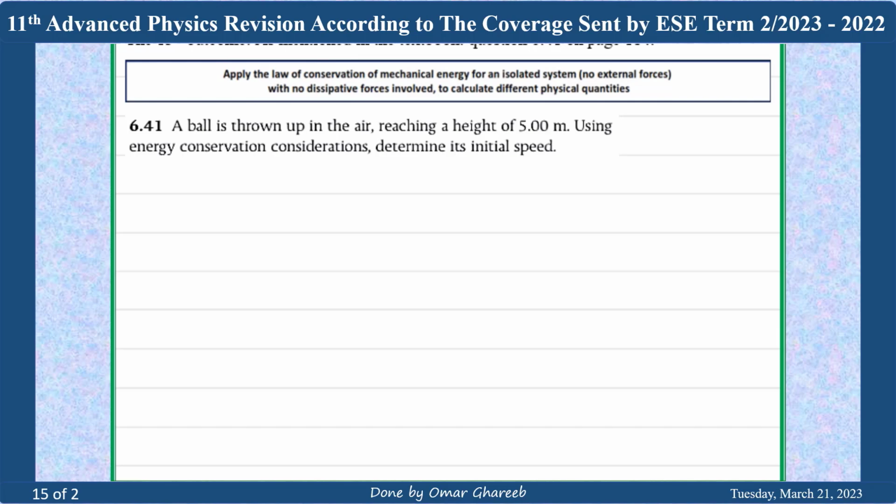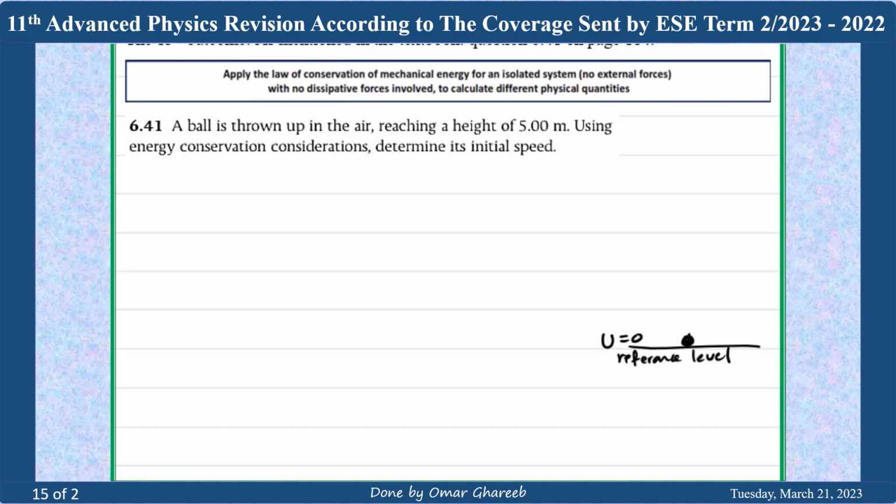It's a super easy question. We discussed the situation before, but as a concept. Now here is the initial position, and we need to put this as a reference level, which means that the potential energy here is 0.